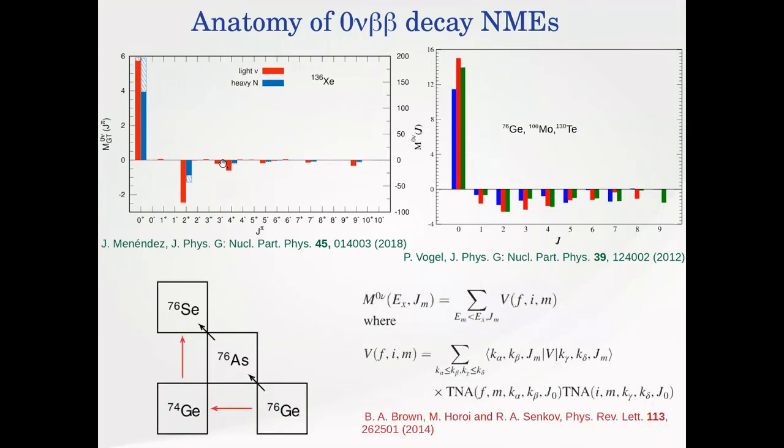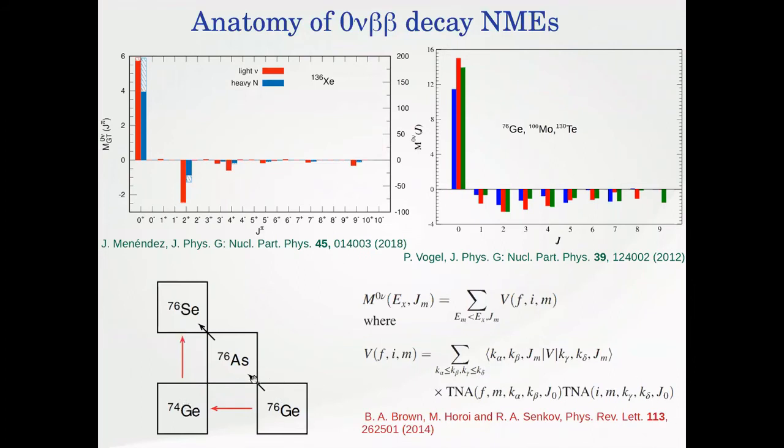In recent times, Alex Brown and collaborators showed that if you want to calculate a neutrinoless double beta decay matrix element, say from germanium-76 through an intermediate nucleus arsenic-76 to selenium-76, you can do it this way. You can go two neutrons less, plus two protons. So you can decompose the matrix element in terms of two-nucleon amplitudes, a two-neutron removal amplitude and a two-proton addition amplitude.